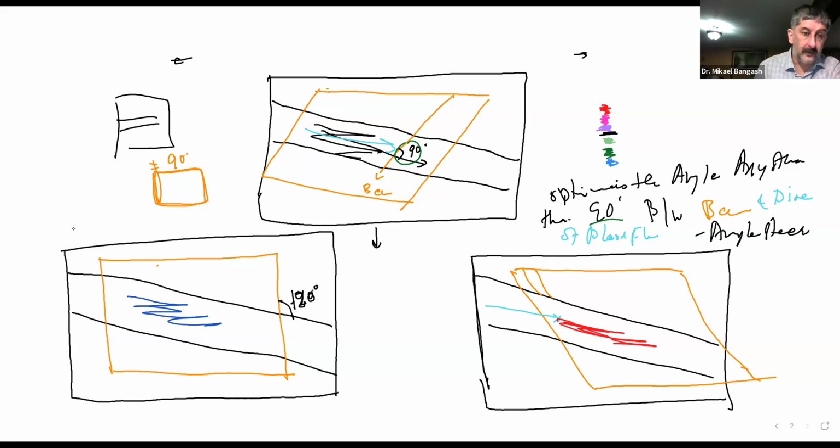If your blood vessel was running this way, that's when you had a 90-degree angle. Whereas if the blood vessel was running this way, that is not a 90-degree angle. Even where the blood vessel runs like this and your beam is still like that, it is still not a 90-degree angle. Clear?